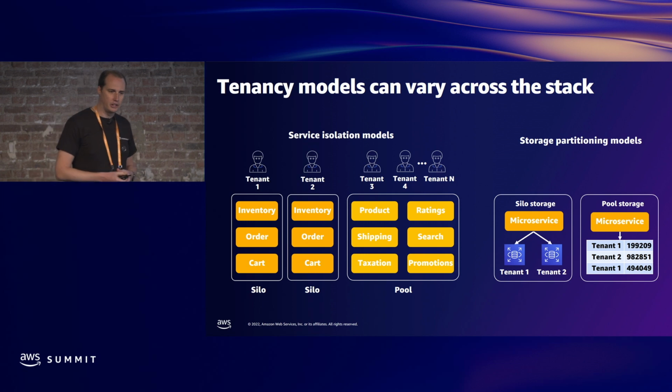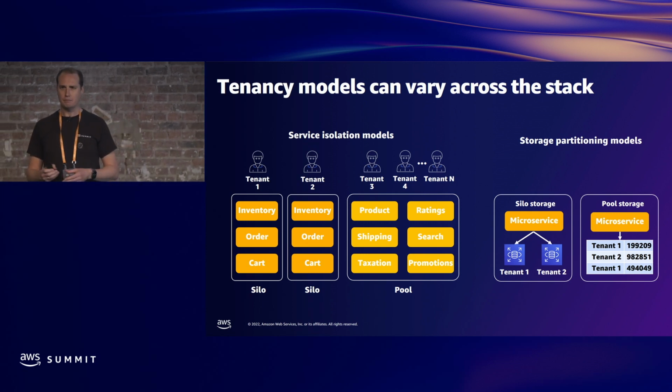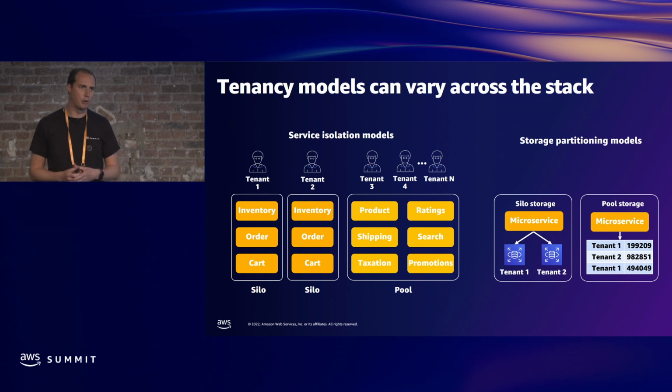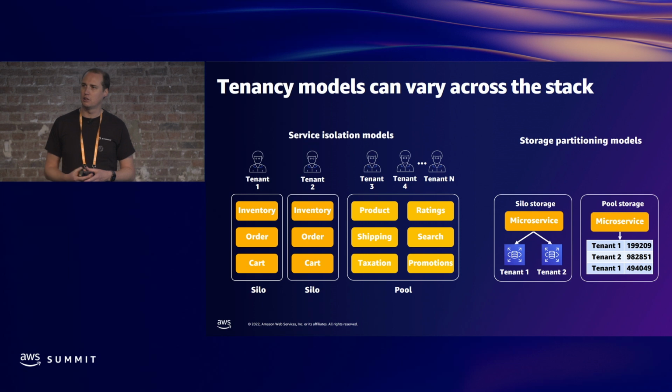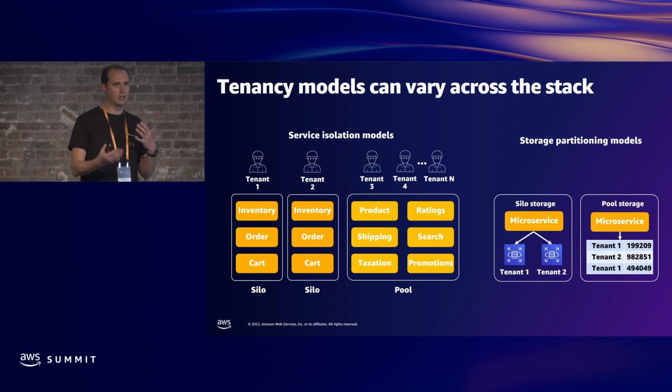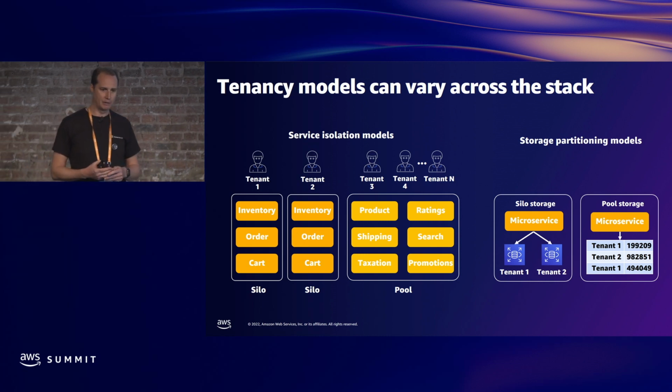Just as important in your stack as the compute and the service part is the storage part. You can have a silo deployment of your storage, meaning that each tenant will have their own database provisioned for them, which gives you a lot of possibilities. For instance, they can have their own schema if you want.